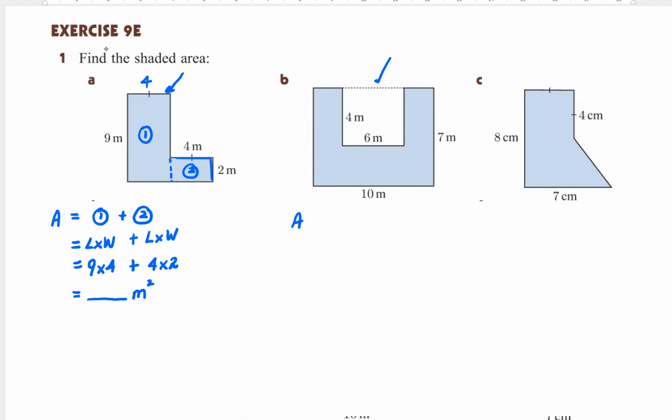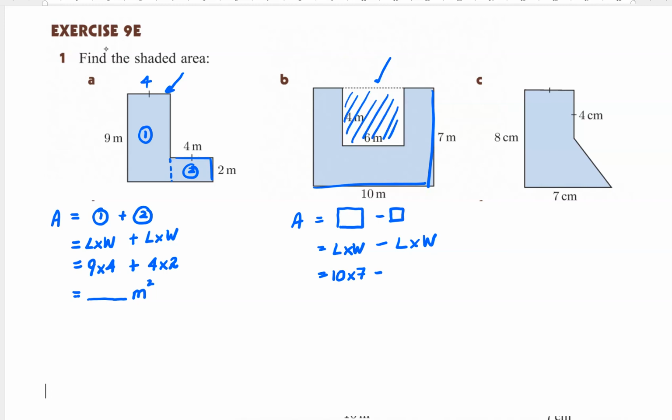So it's a bit hard to label really, so I like to then use just the shape, so it's the big one minus the little one. And again, they're both rectangles, so length times width minus length times width, and we've got the length of the big one here is 10 and the width is 7, so 10 times 7 minus, and we're going to subtract that one in there.